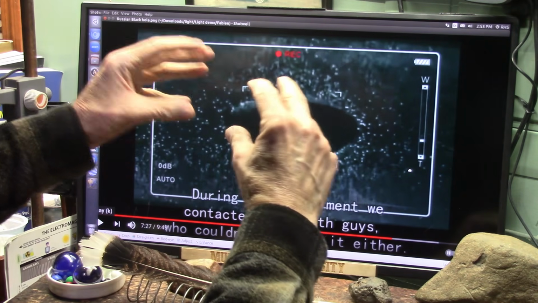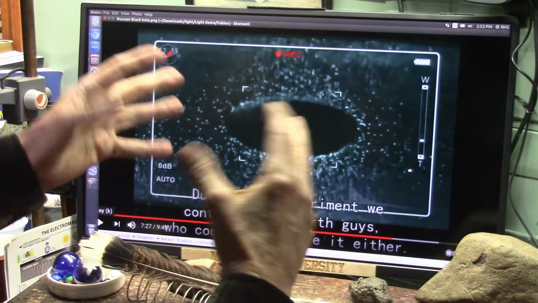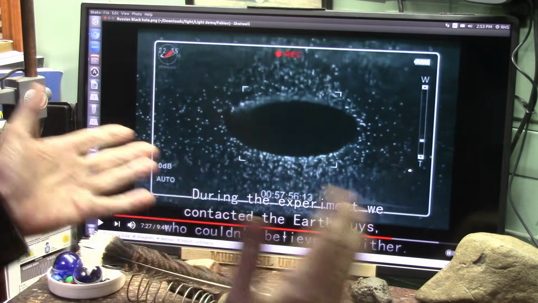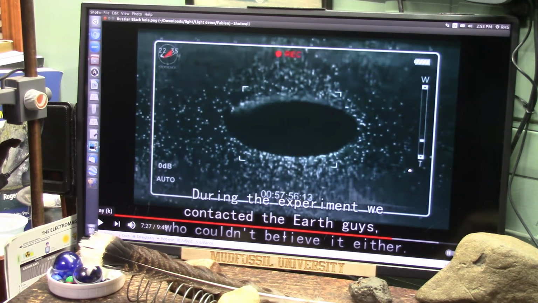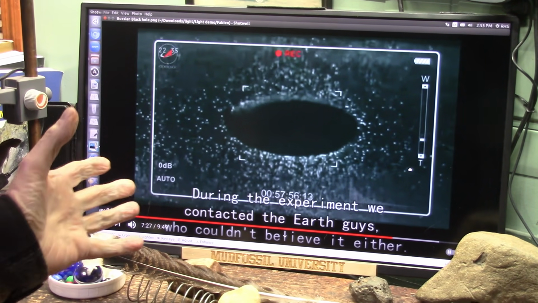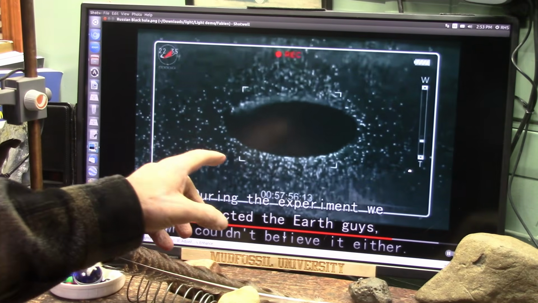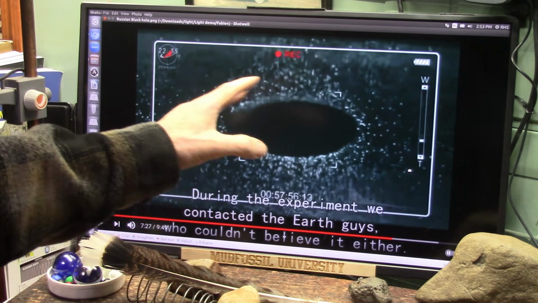But it's dark matter. If you can stand on it or you can push against it, there's got to be dark matter in there, which is the only thing that has substance. There's no substance to the white, none whatsoever.